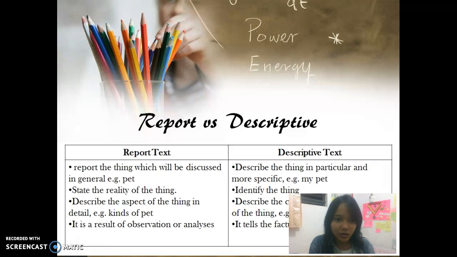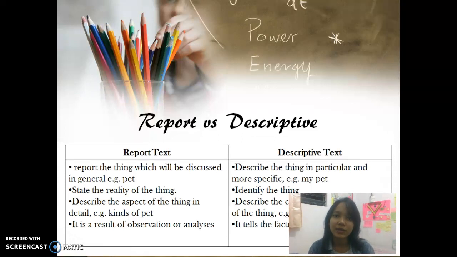For report text, first, it is to report the thing which will be discussed in general. As I said before, report text usually talks about something in general. You do not talk about a particular thing. But in descriptive text, you need to describe the thing in particular and more specifically.